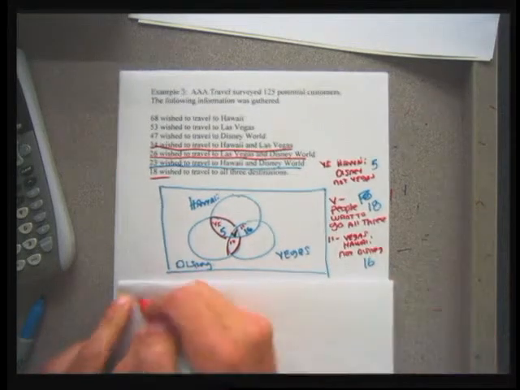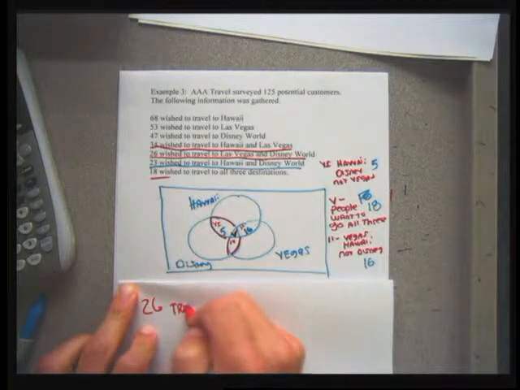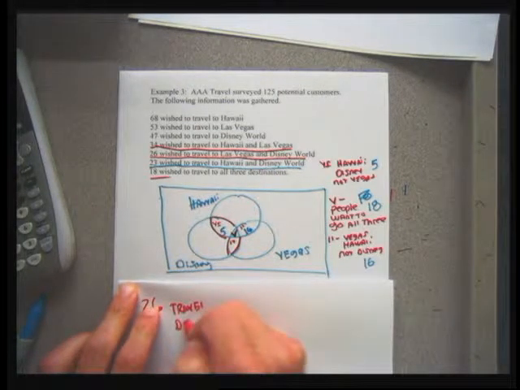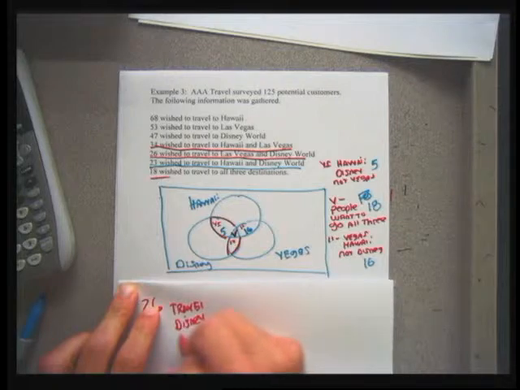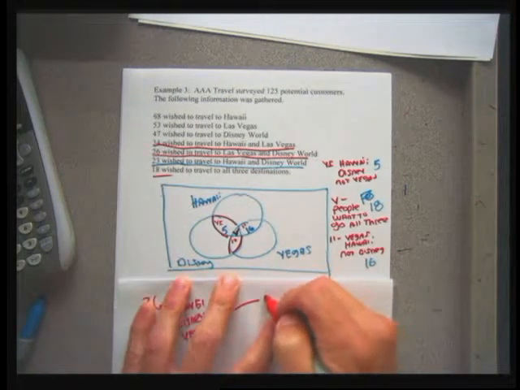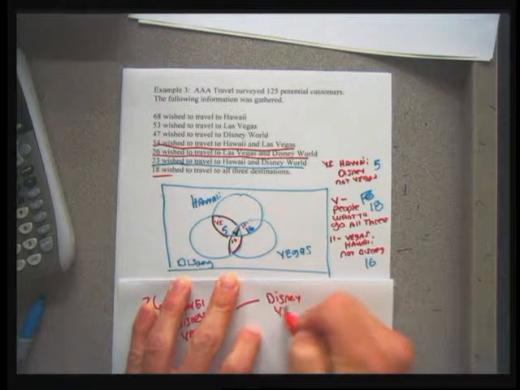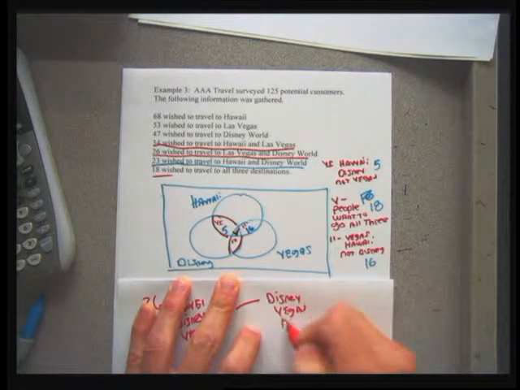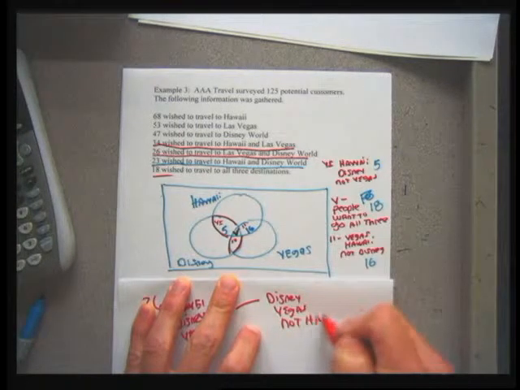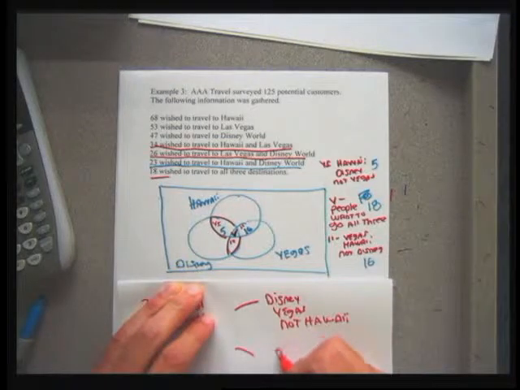So that gets separated to some that will go to Disney and Vegas and not Hawaii, and some that are okay with going to all 3.